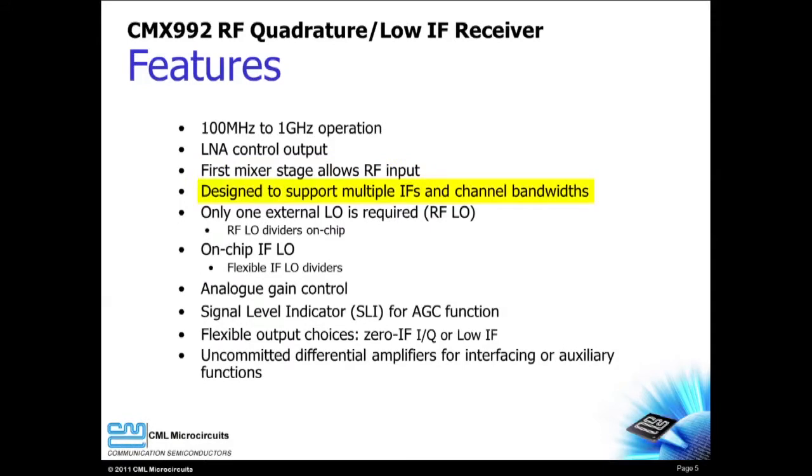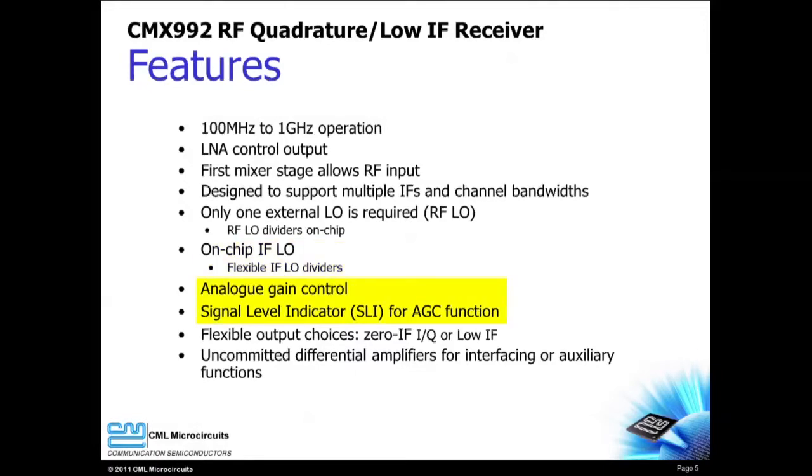The switchable RF mixer outputs mean that the CMX992 is designed to support multiple IFs and channel bandwidths. Only one external LO is required with the CMX992. The IF LO can be developed with just a few discrete components.